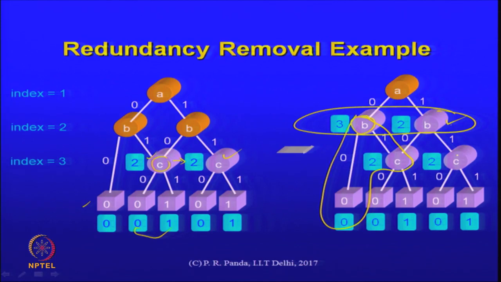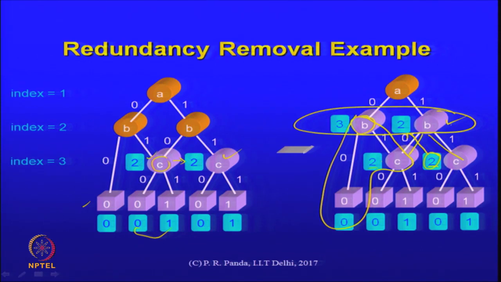Right. Such a node is not there. So it is not redundant according to the second criteria, but it is redundant according to the first criteria, because both its children have the same ID. That must mean that B itself is redundant. So I just propagate that ID to the parent. It is the same function.